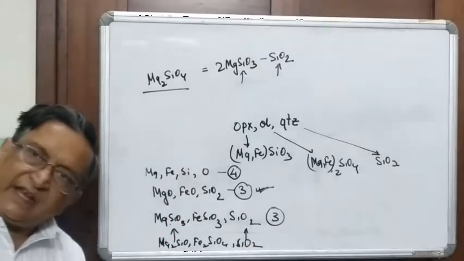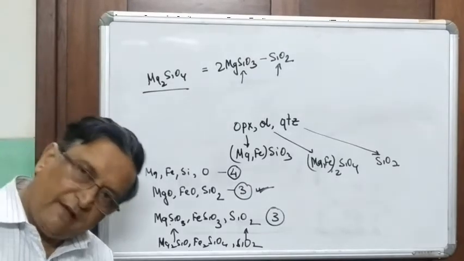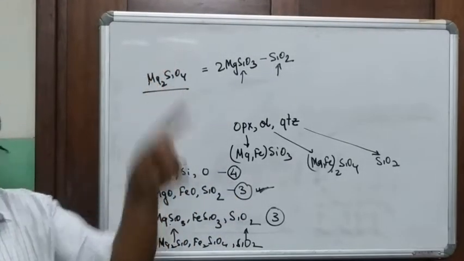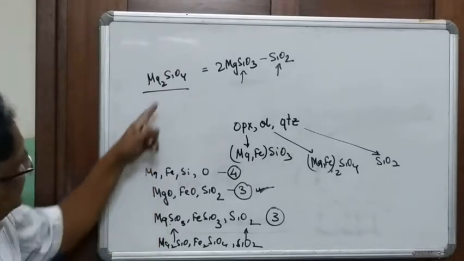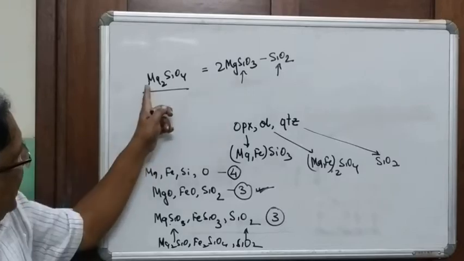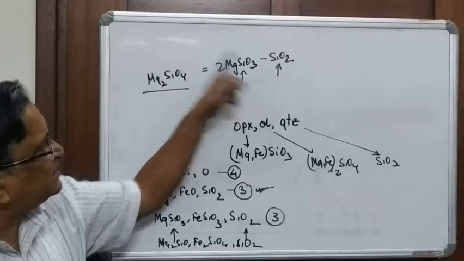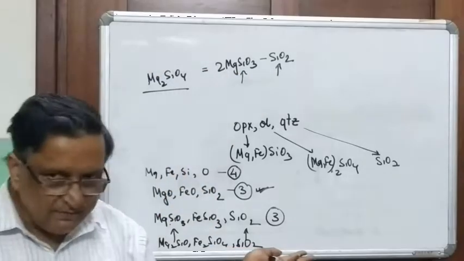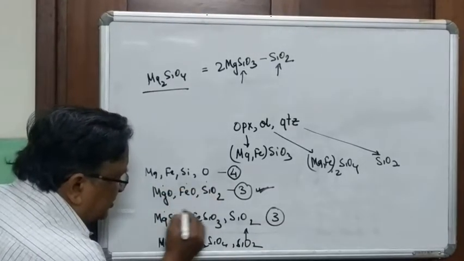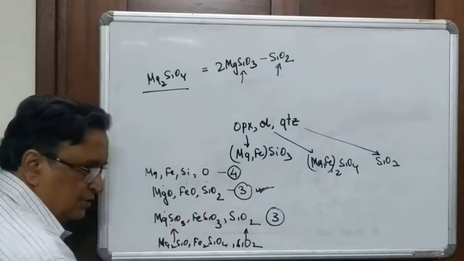This is also correct. Have you understood? Because you can write 2MgSiO3 as Mg2SiO4 plus SiO2. It doesn't matter.